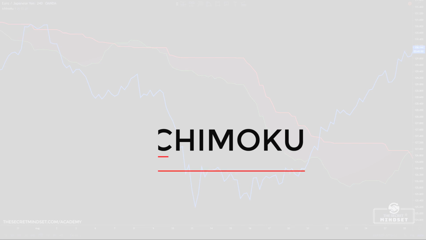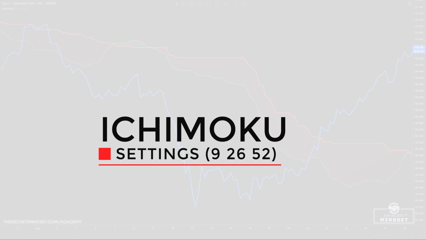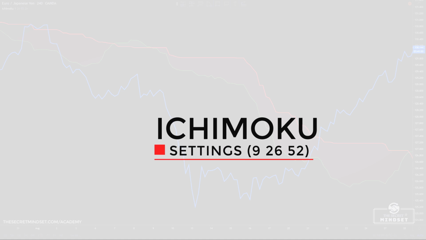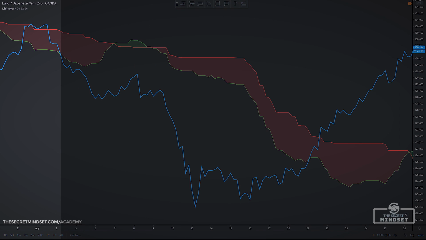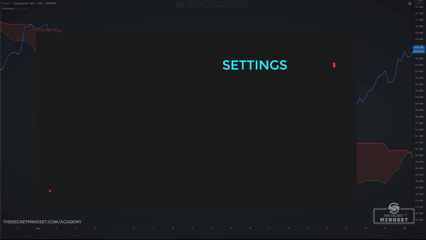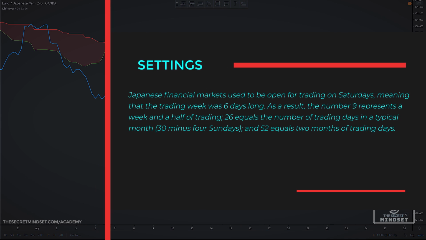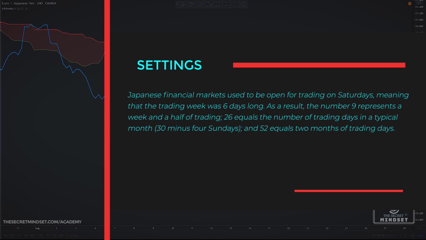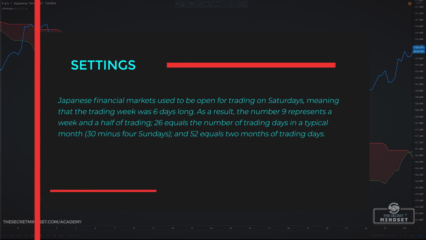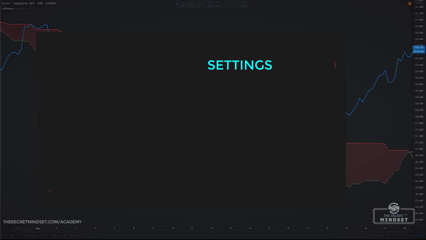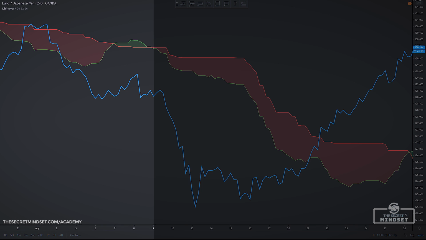Ichimoku relies on only 3 different time periods in its calculation: 9, 26, and 52. Japanese financial markets used to be open for trading on Sundays, meaning that the trading week was 6 days long. As a result, the number 9 represents a week and a half of trading. 26 equals the number of trading days in a typical month, 30 minus 4 Sundays, and 52 equals 2 months of trading days.